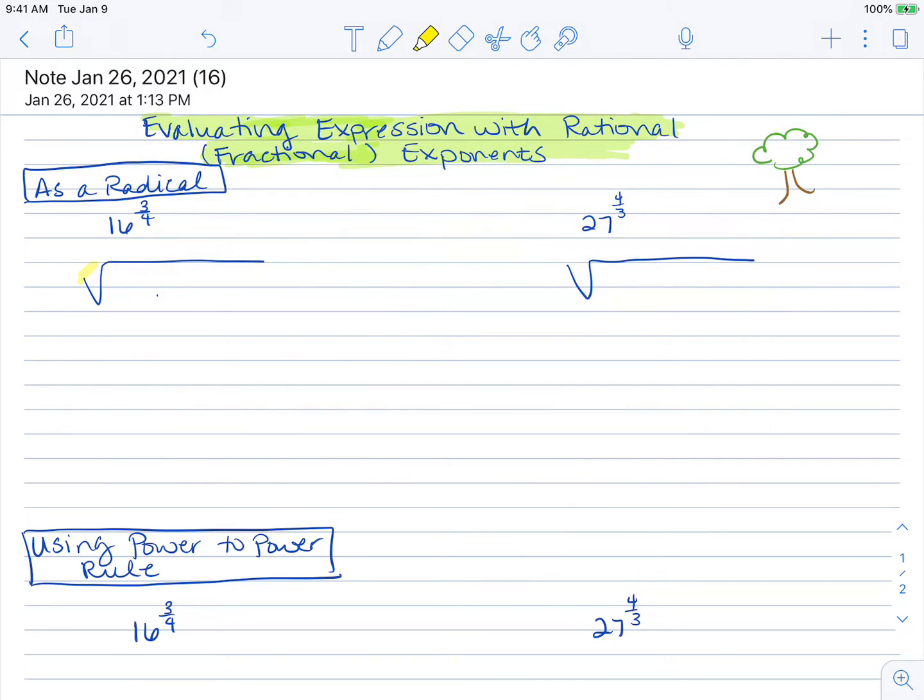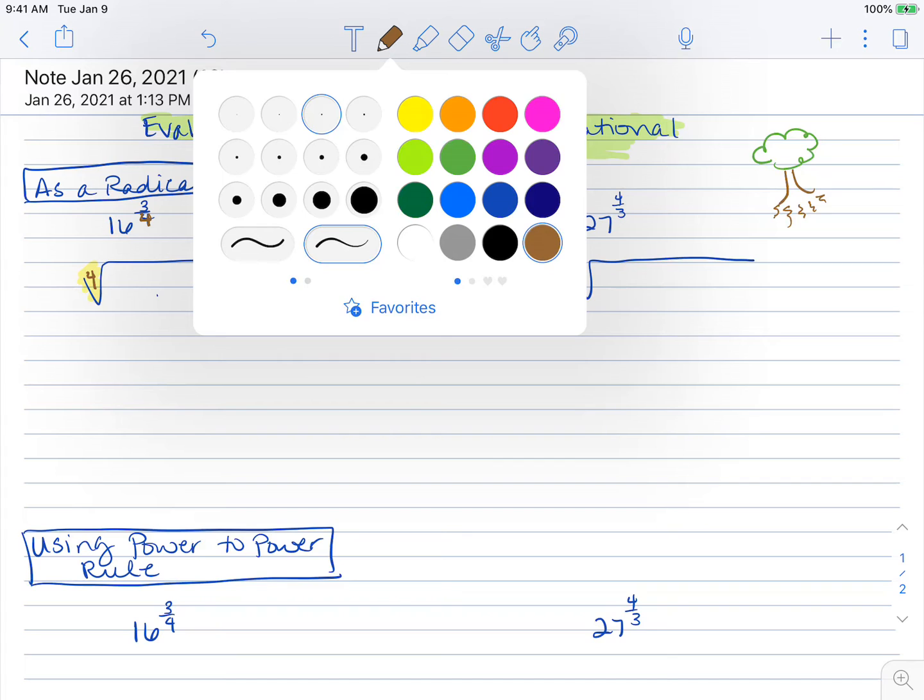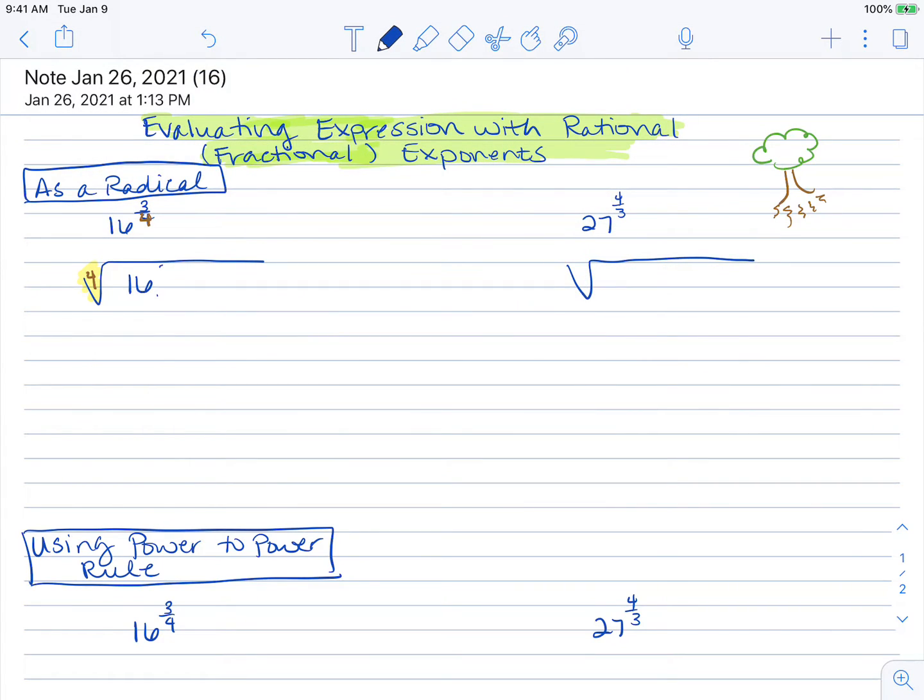My root is like a root on a tree, it's going to be at the bottom. So it's going to be my denominator right here. This is 4, so my root goes in here. And what I have left over is this 16 to the power of 3.